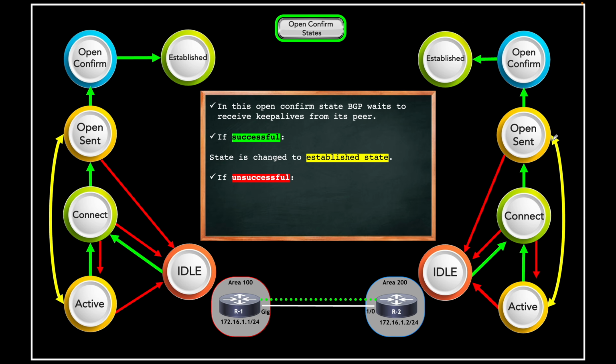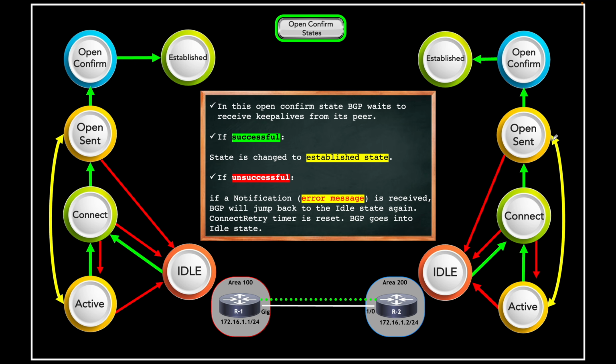Now, if anything is wrong, if it is unsuccessful in receiving the keepalive message, what will happen? If a notification error, something like that, is received, BGP will jump back to the idle state. Again, the same thing: if anything goes wrong, it will fall down to the idle state. Makes sense, right? We understand open confirm.